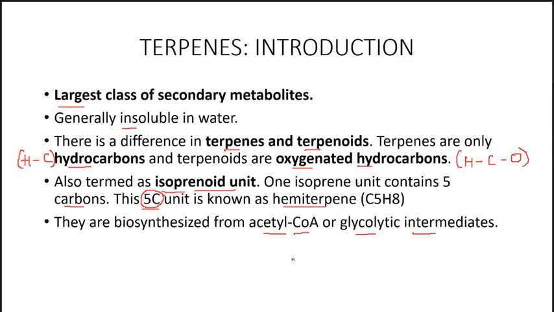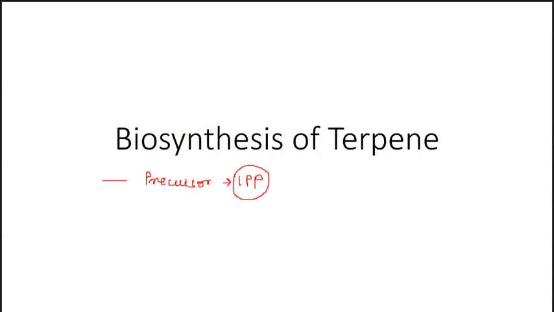IPP is synthesized from acetyl CoA or other glycolytic intermediates. IPP comes from acetyl CoA or glycolytic intermediates.